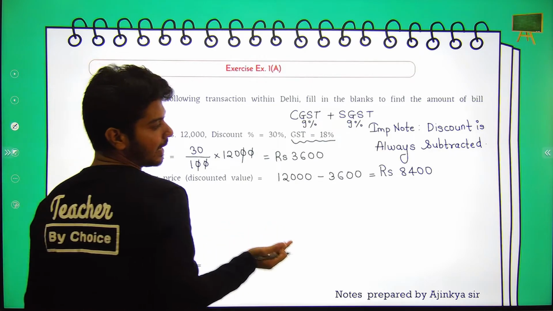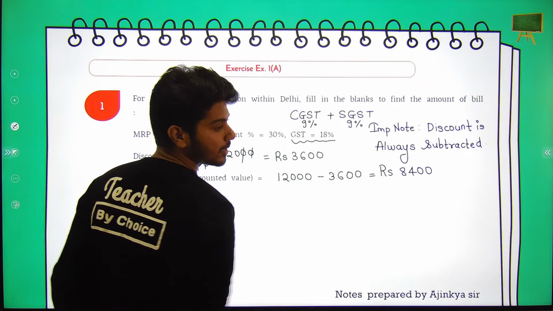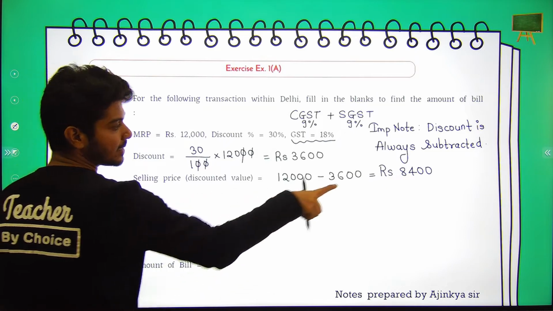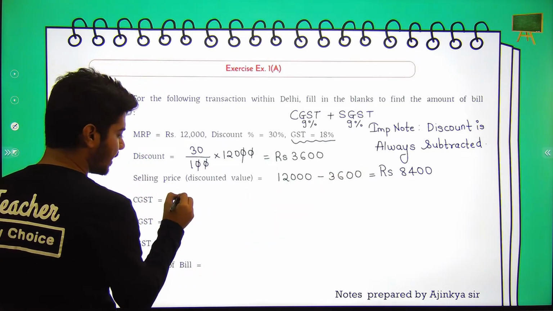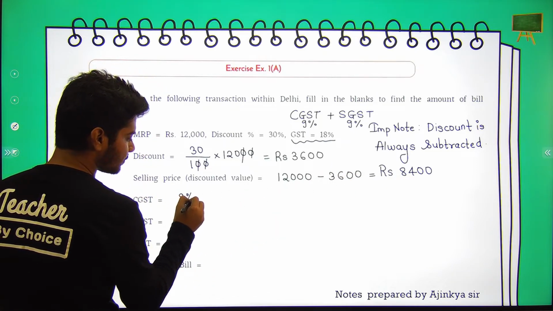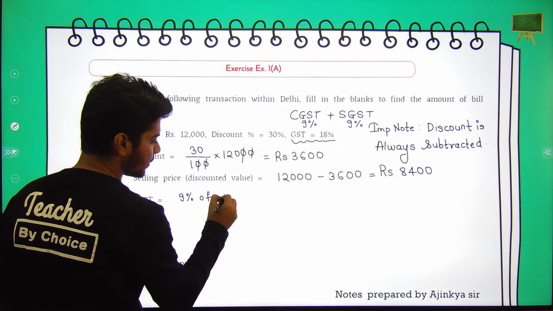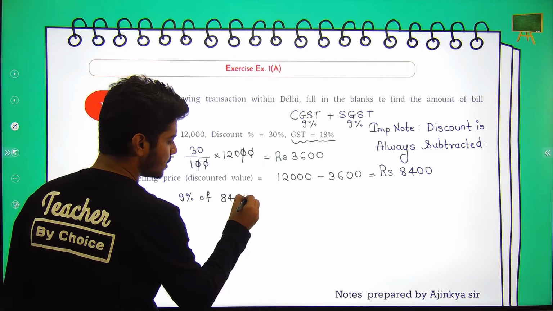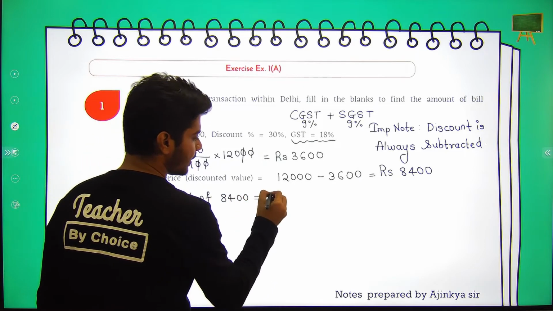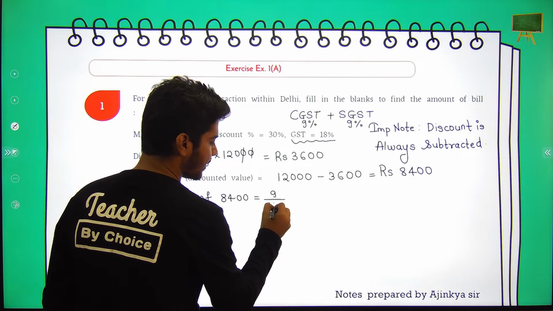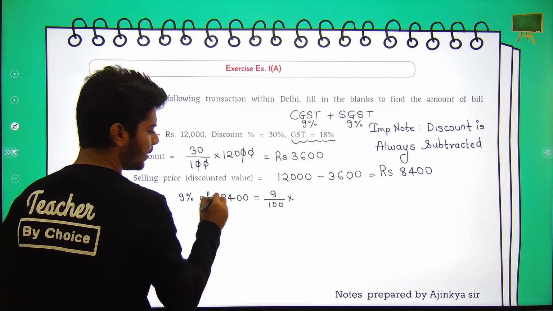Now how will we calculate? We'll calculate 9% of this amount. Let's calculate the CGST: 9% of 8,400, which is 9 divided by 100 into 8,400.